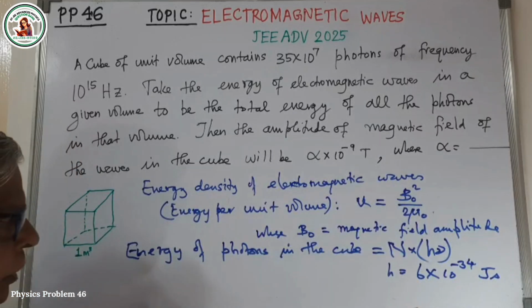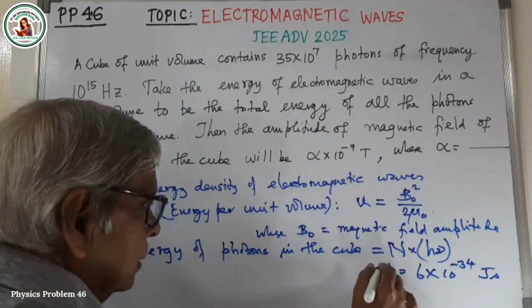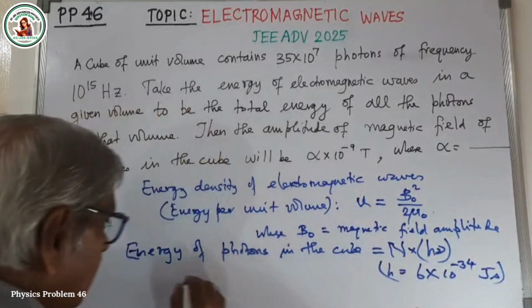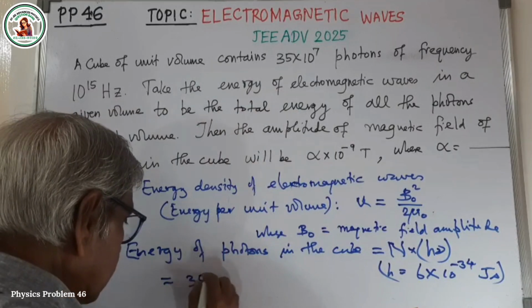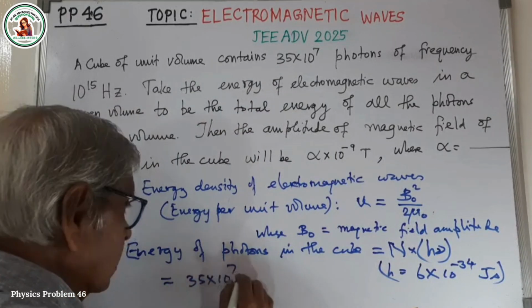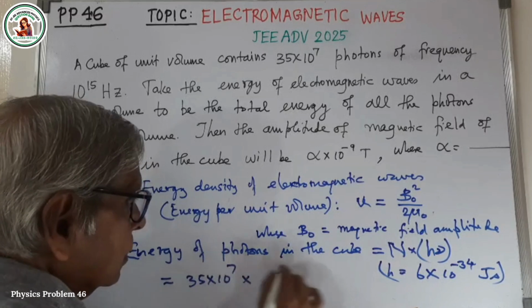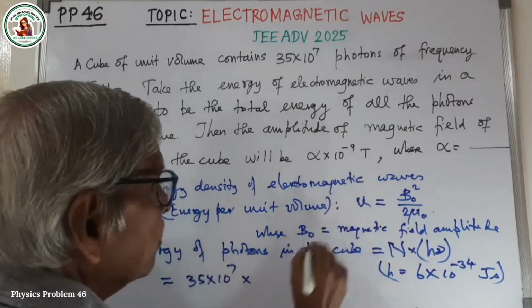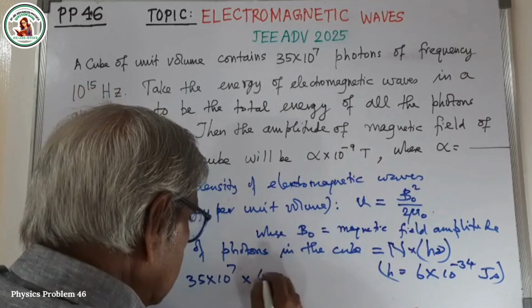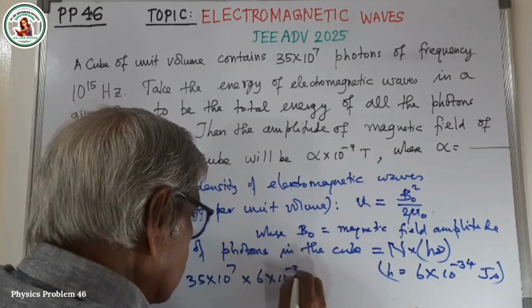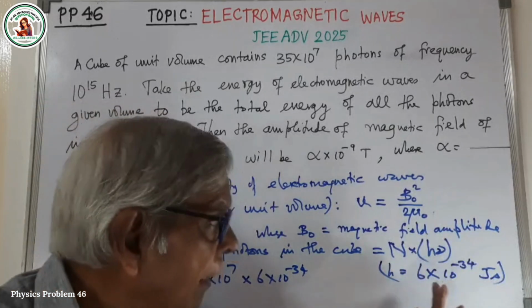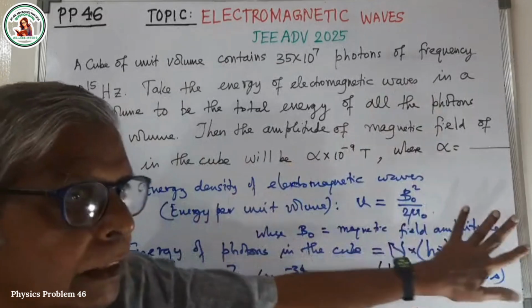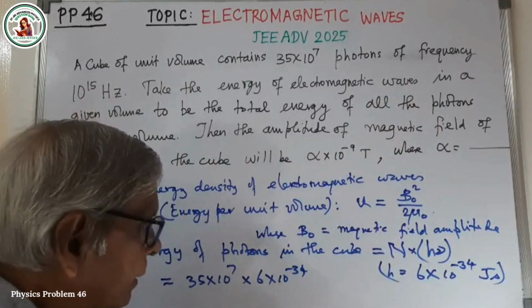So the energy of photons in the cube is n, given as 35 into 10 power 7, times h, 6 into 10 minus 34. Now the actual value of h you may see as 6 point something, but you use the value given in the question, so that we get their numerical answer.